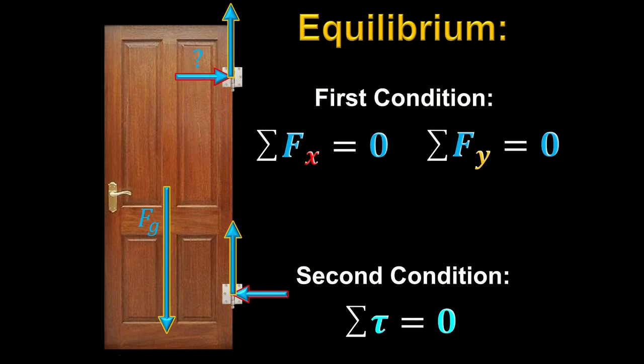But if we now look at the second condition of equilibrium, see if all those torques balance to 0 as well. So I'm going to arbitrarily pick my pivot point right there. I could have picked it here, I could have picked it there, I could have picked it anywhere, and the math would still work out. By picking my pivot point right here, this force and this force all produce no torque, because those forces go right through that pivot point.